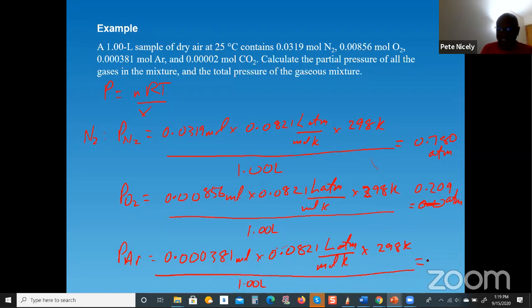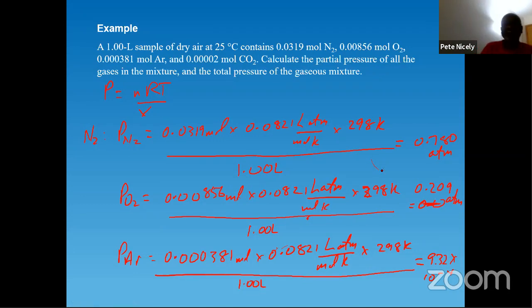Let me do that calculation here: 0.000381 times 0.0821 times 298 divided by 1. The answer I got here is 9.32 times 10 to the minus 3 atmospheres.